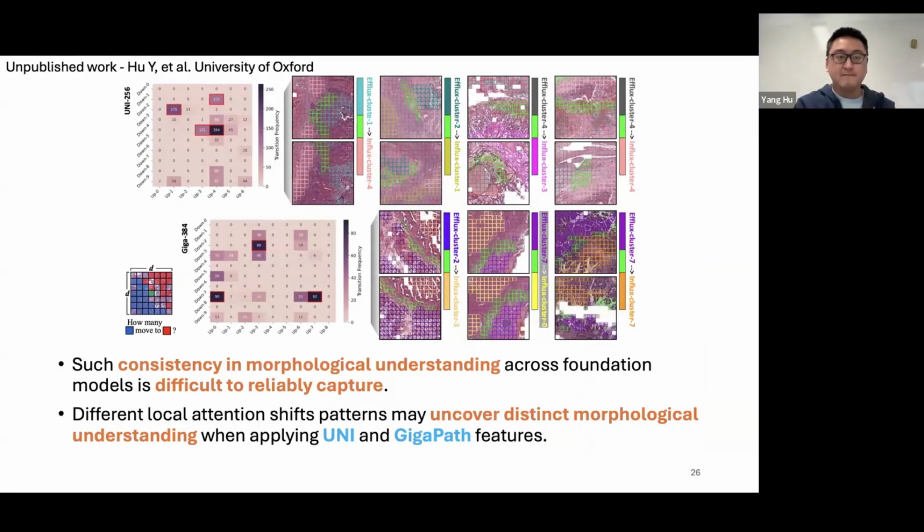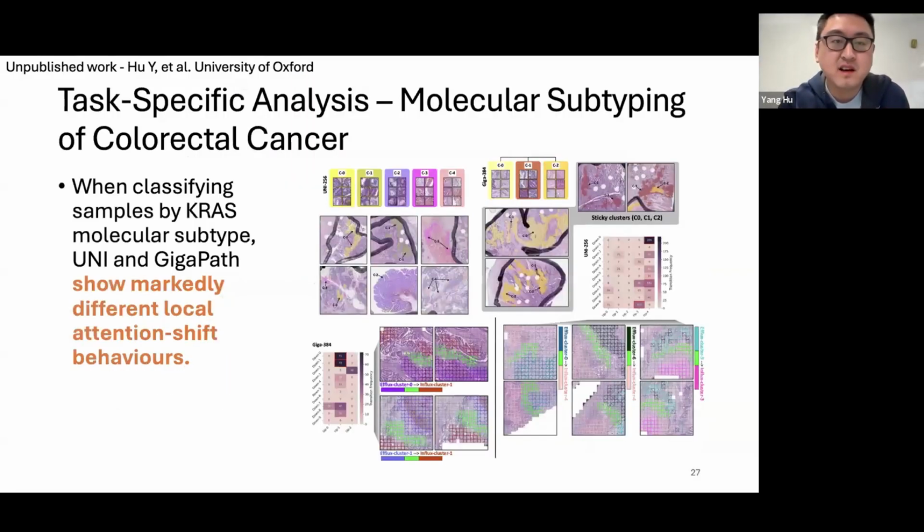I would like to show you another example on another cohort and task. This one is colorectal cancer based on the private cohort in Oxford, and UNI and GigaPath also show remarkably different local attention shift behaviors.